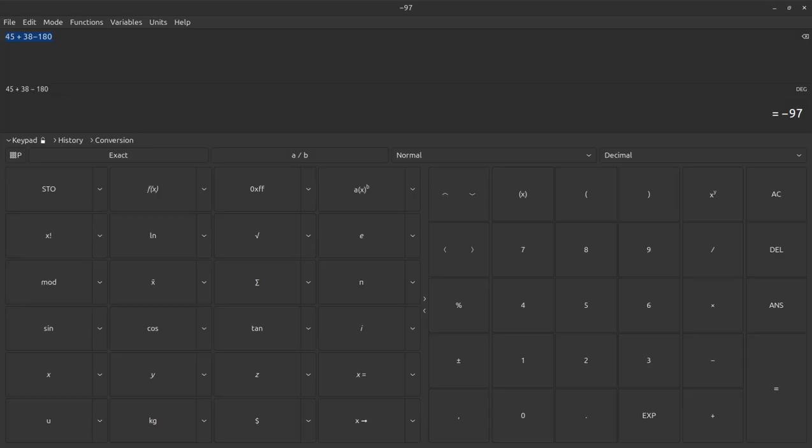Multiply both sides by sine 97. You are going to get that your AB is equal to 10.9 sine 97 divided by sine 45. Now let's put that in a calculator.